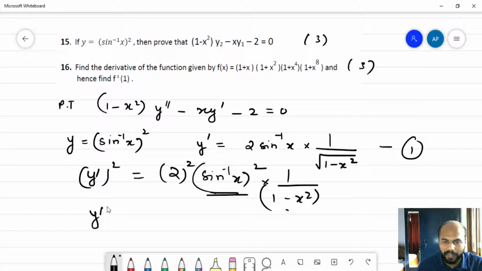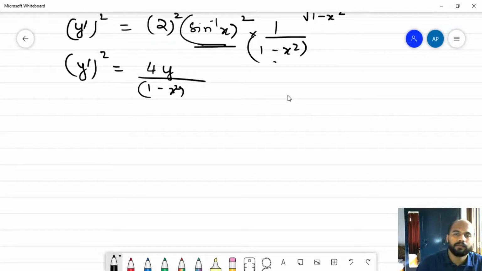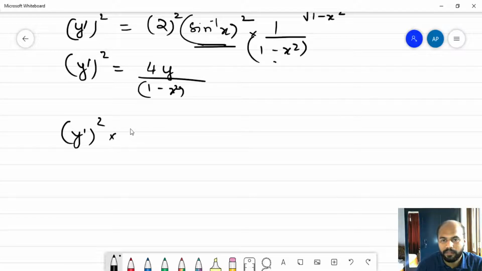So we'll have y dash square is equal to 4 times y divided by 1 minus x square. Let's continue further and try to find the derivative of this. So overall what we'll get is y dash square into 1 minus x square minus 4y is equal to 0.